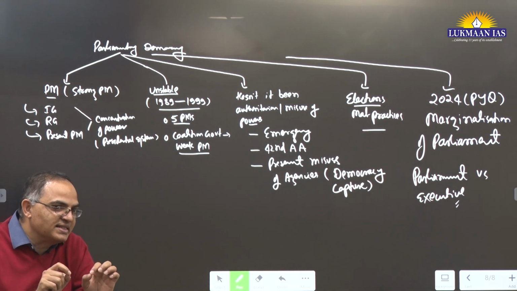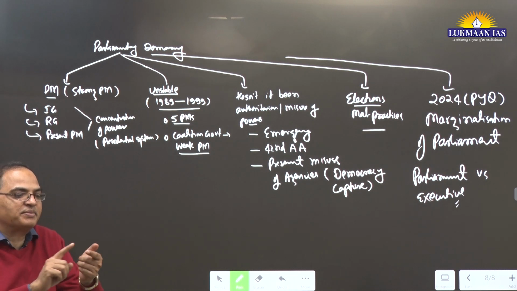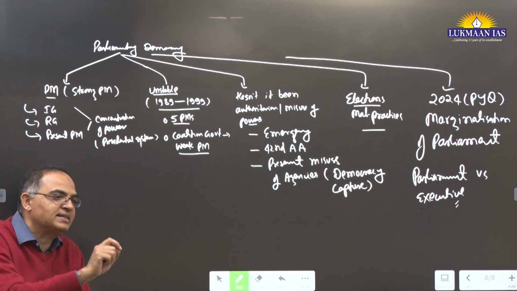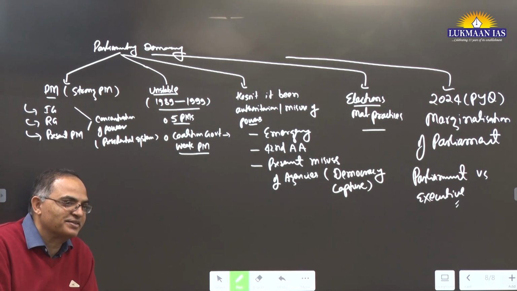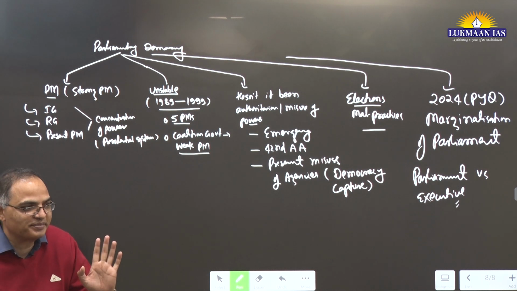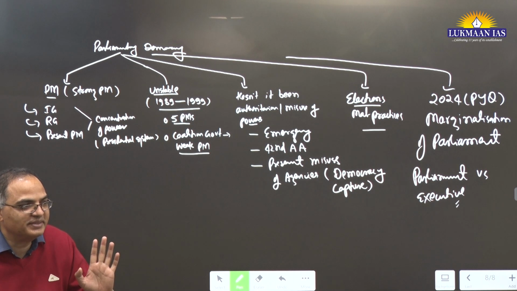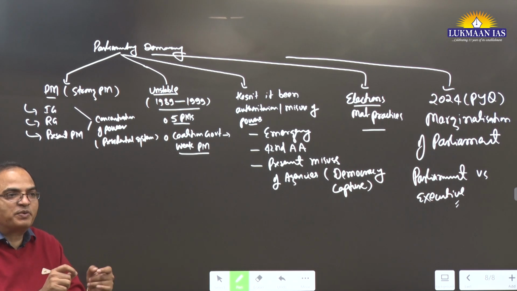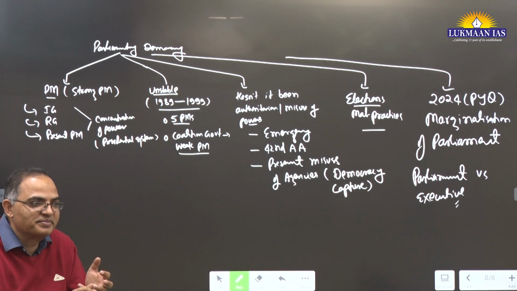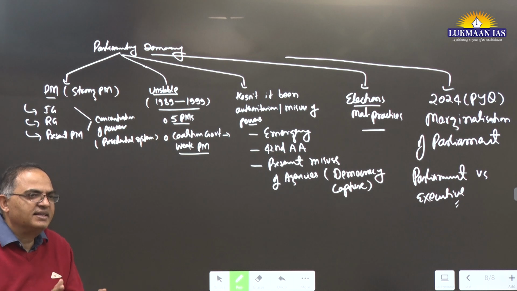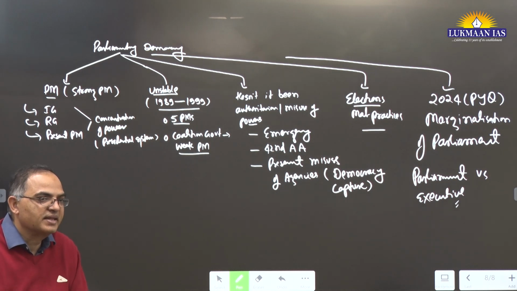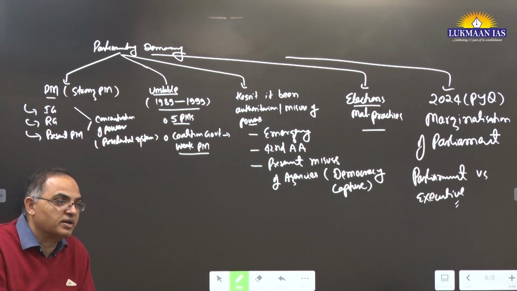Each constituency is analyzed on the basis of caste, religion and subcaste, and a candidate is given a ticket on that basis, which is in violation of the spirit of the Indian Constitution. You should know that. And that has promoted casteism, communalism, and regionalism. It has given rise to divisive politics.